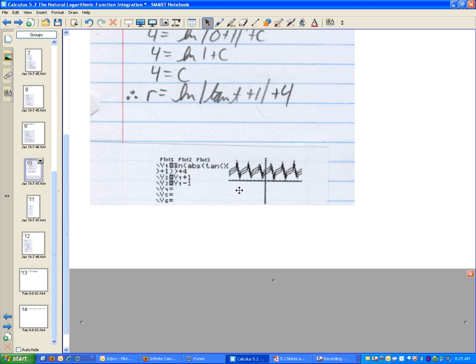And I had to close the parentheses after the x so that it's just the tangent of x, and then plus 1. Then I had to put the parentheses around that for the absolute value, and then the parentheses around that for the natural log, plus 4. And that gave me this one here in the middle.